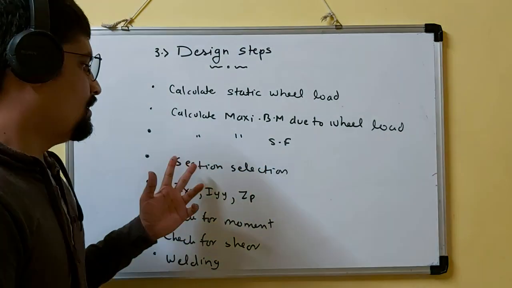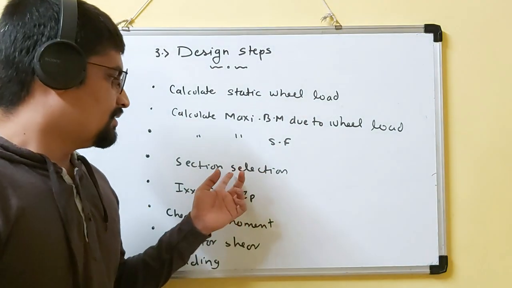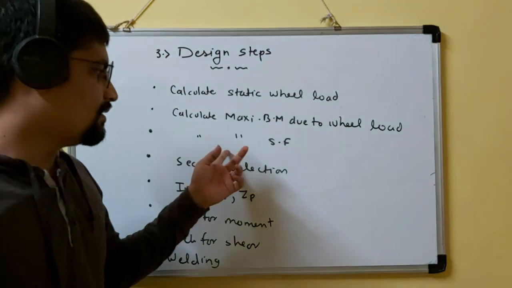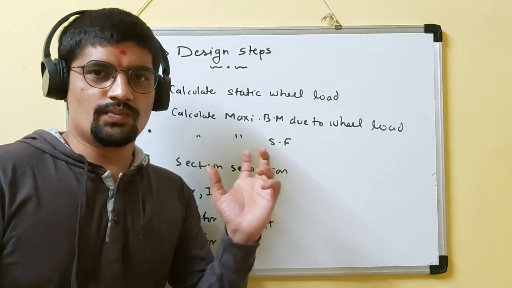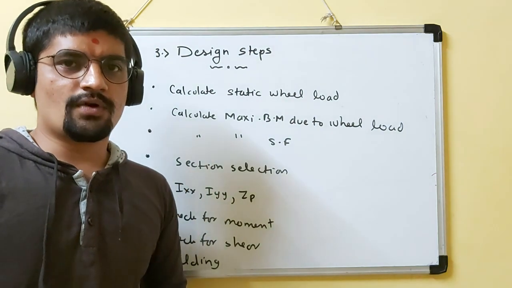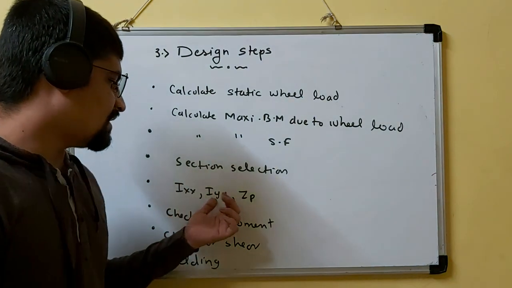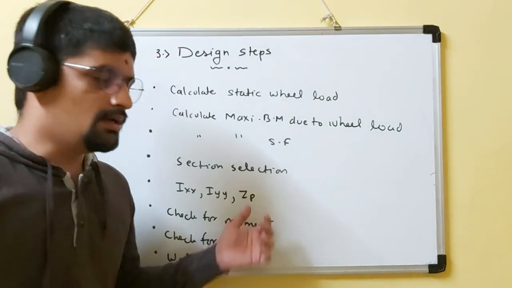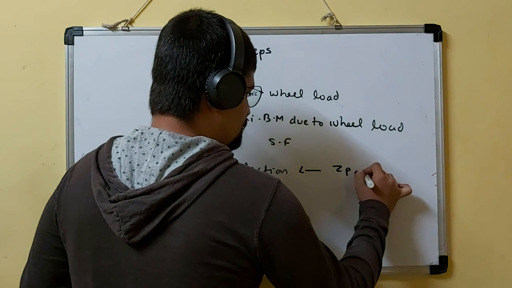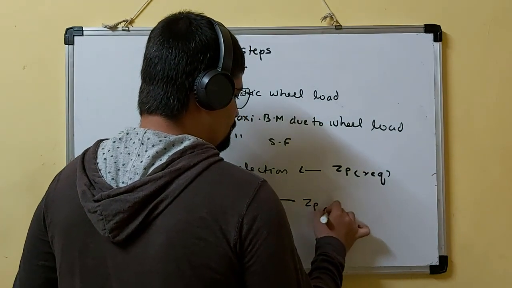Okay. Now section selection. Due to this moment we will select the ZP. We will calculate the ZP and on the basis of the depth and width of the section we will select the section from the steel table, I section and C section. Now IXX, IYY and ZP will be calculated. Here we will get ZP required and here we will get ZP provided.